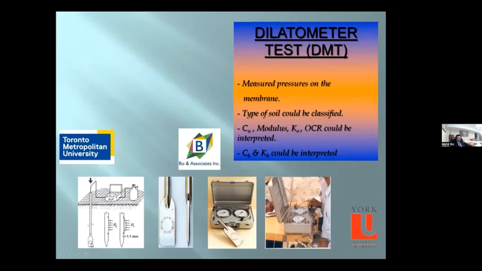When they reach the required level to test, there is a membrane at one side of the blade, and they expand that membrane to push with static forces. From there they obtain the dilatometer parameters, and these parameters can be correlated to the undrained shear strength, modulus, K0, overconsolidation ratio, etc.